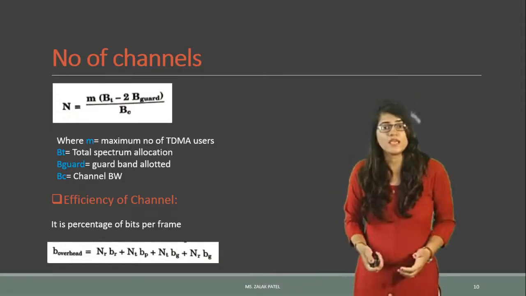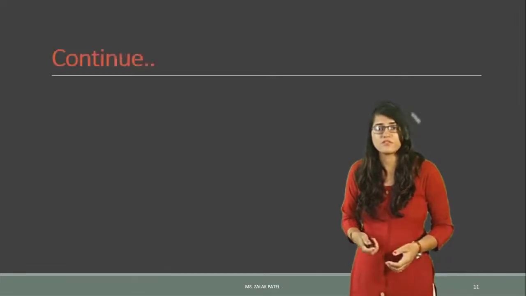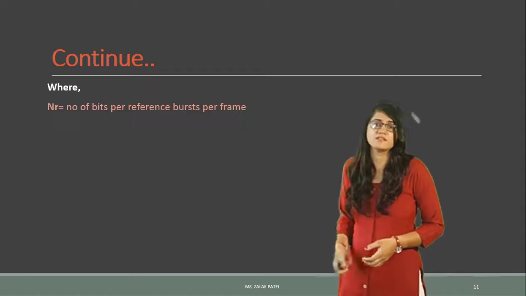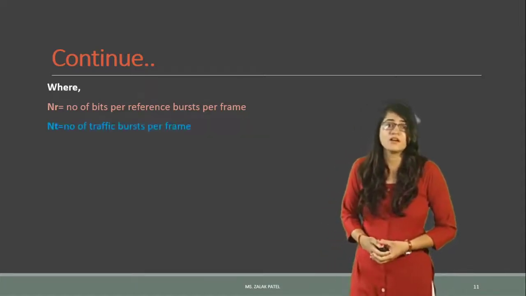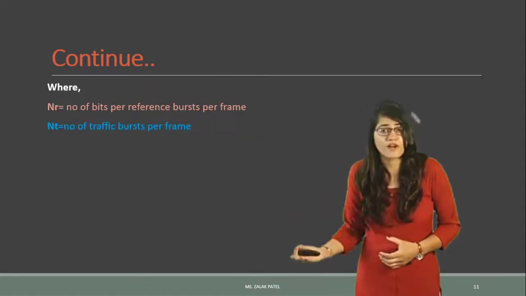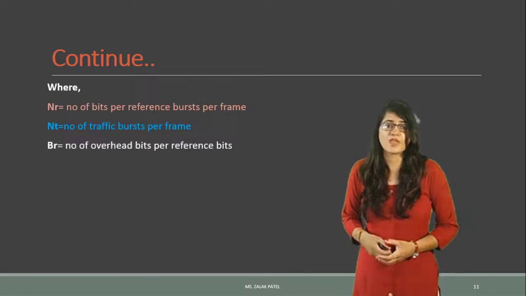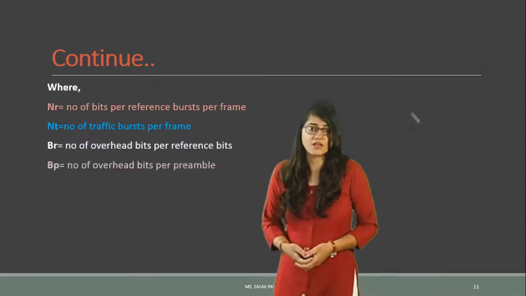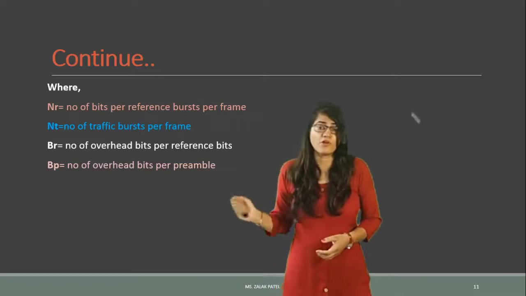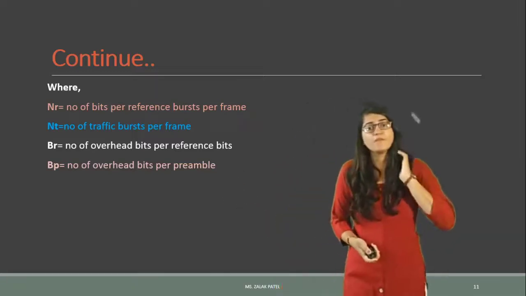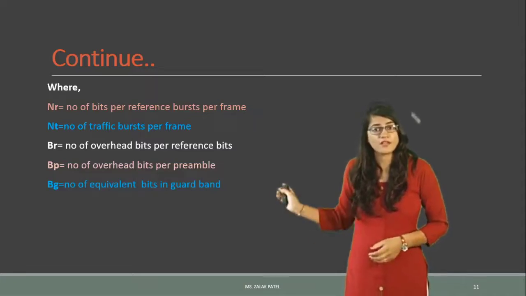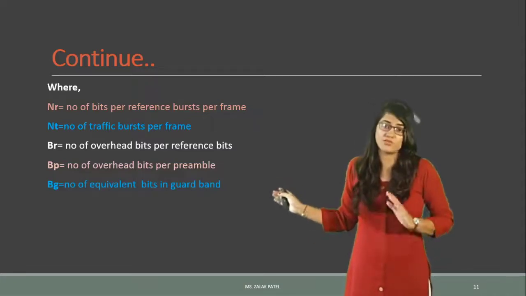In that equation, NR is the number of reference bursts, NT is the number of traffic bursts per frame, DR is the number of overhead bits per reference burst, BP is the number of overhead bits per preamble, and DG is the number of guard bits available to the user.